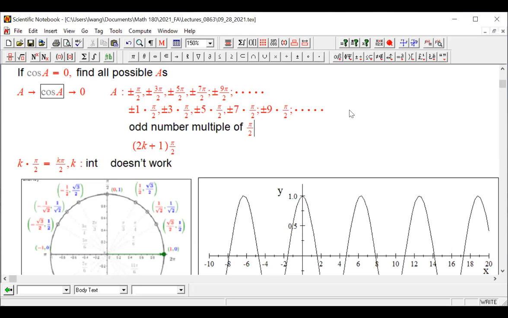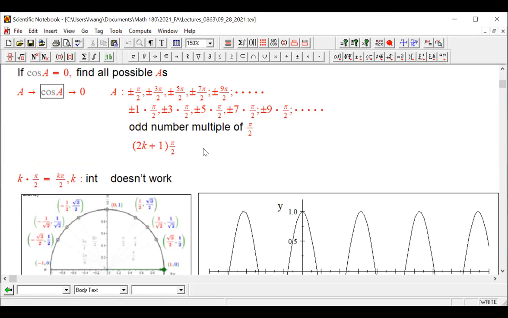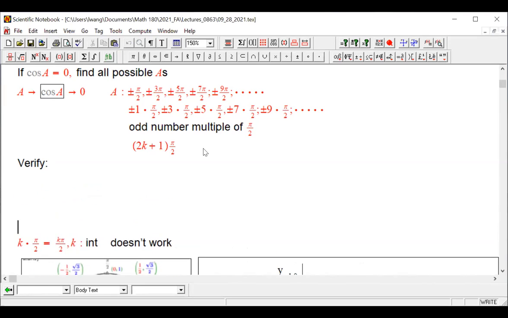We'll see how to verify you got it right. Breakout rooms. Open all rooms. We're going to do pretty much the same thing. So let's verify that this form is going to give us all of these numbers.